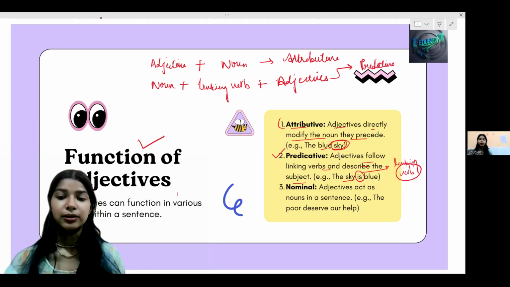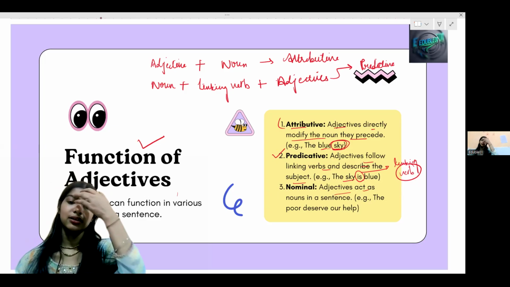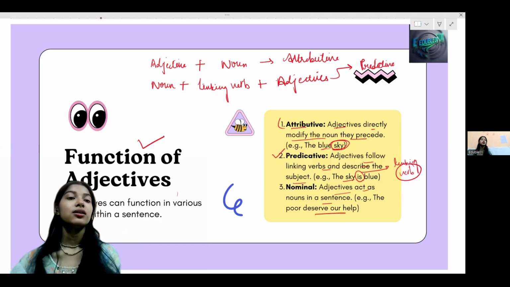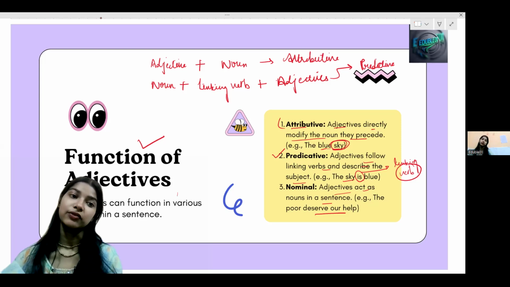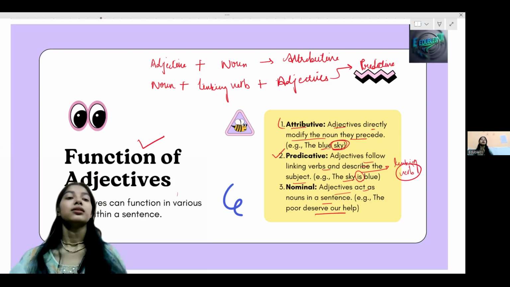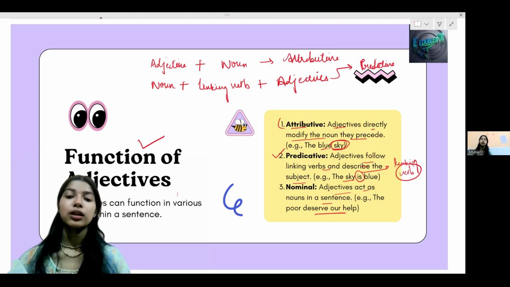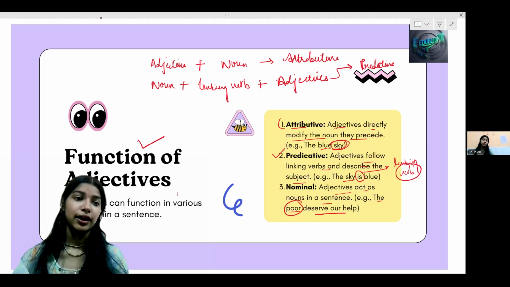Next is nominal. Adjectives that act as nouns in a sentence. The poor deserves our help. So in any sentence where the noun and the adjective are the same. What does that mean? That the adjective is working as the noun also. In the sentence like the poor deserves our help, the word poor is a noun, right?